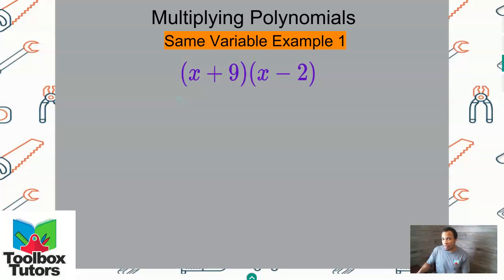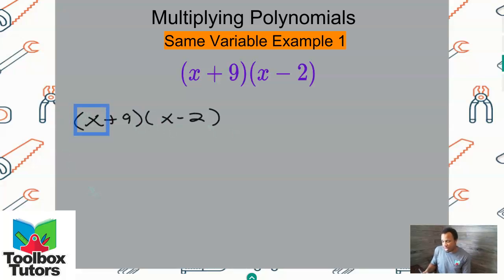So what we can do is multiply each term from the first parentheses by each term in the second parentheses. And I'll show you this using the FOIL or the distributive method. So we have x plus 9 times x minus 2.